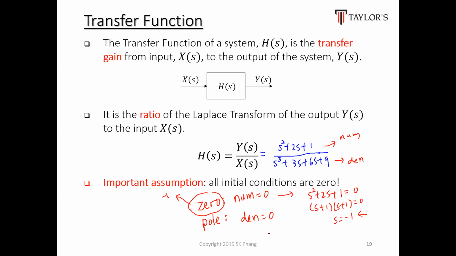So a pole is when the denominator equals 0. All right, and then you try to solve this into 3 different things, and then it will have 3 different poles. Most of the time, or I would say all the time, the number of zeros and the number of poles depends on the power that you have in the numerator and denominator.